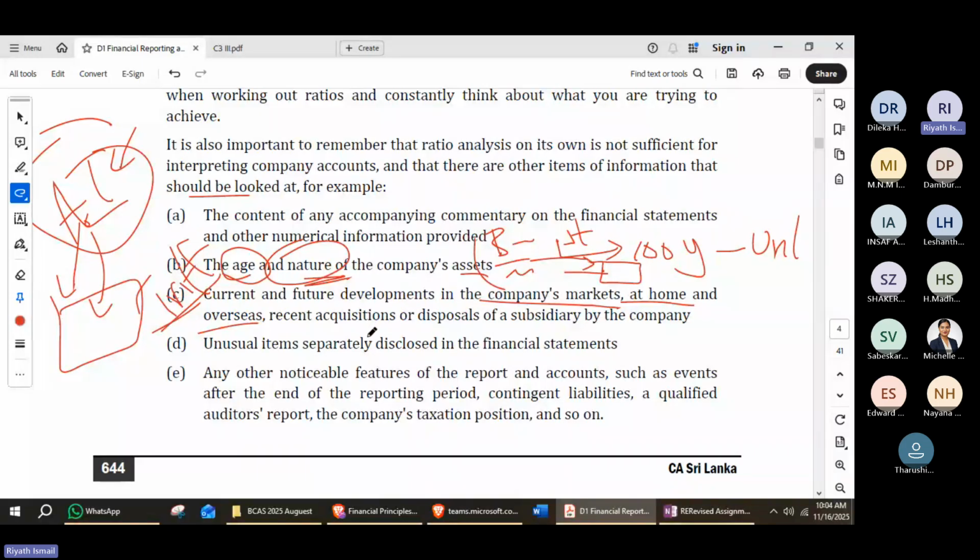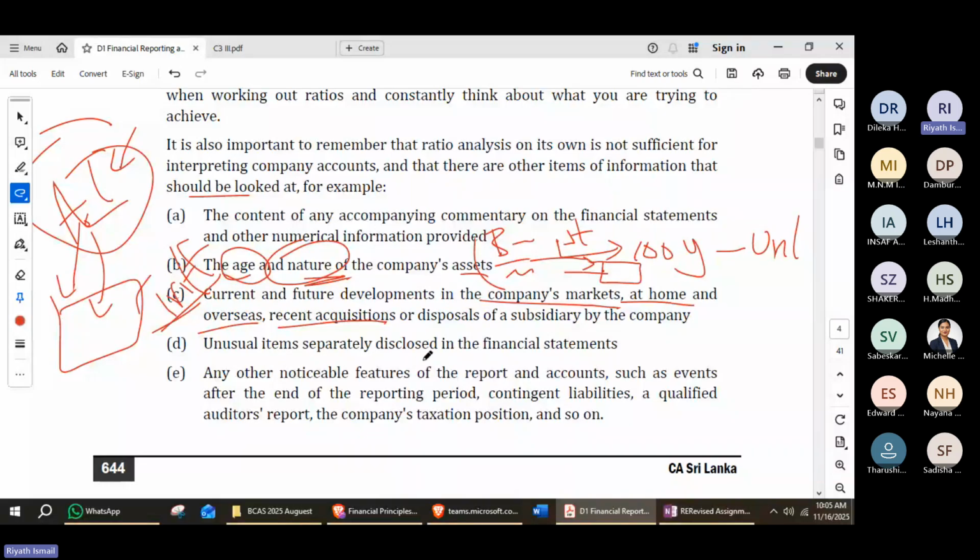That kind of thing you couldn't find in the ratio analysis. Recent acquisitions, like Dialog acquiring Pattern and Google acquiring YouTube and other companies, may happen. You have to consider all of those things as well.